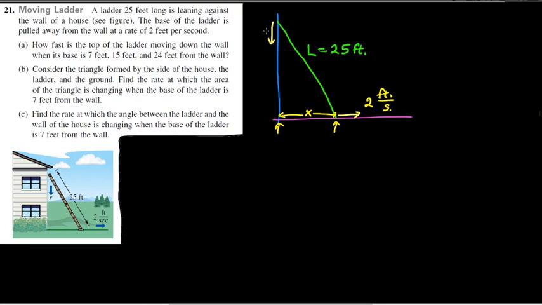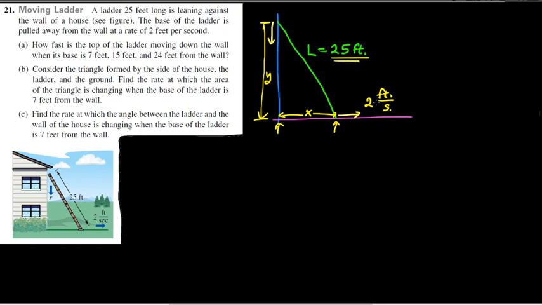And how high is the ladder from the ground? Why don't we call that y? So x and y. You see where this is going? What do we know about this picture? The base length is x, the height is y, and the length of the ladder is 25 feet.